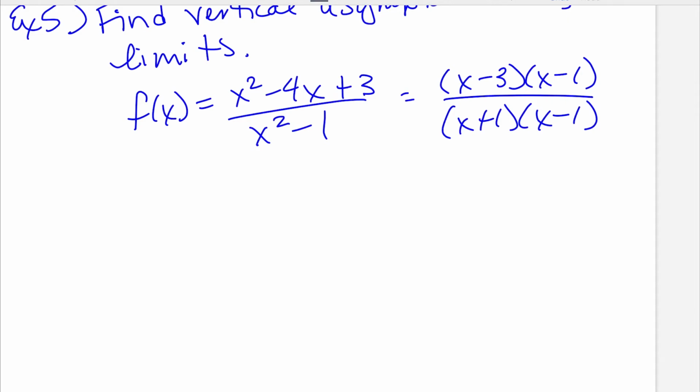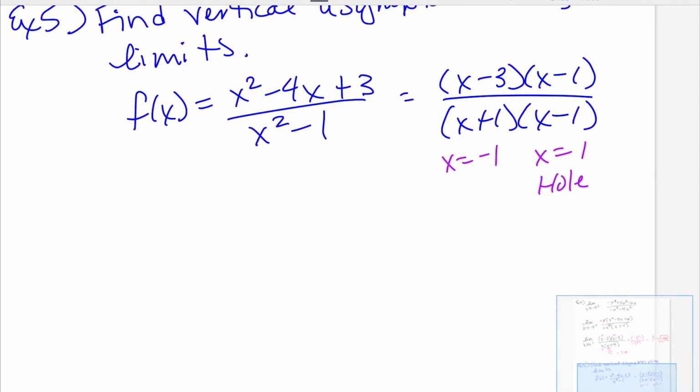I have two issues with my denominator, right? x is equal to -1 and x is a positive 1. Look at this right now and tell me what you know. Yes, good job. This is a hole, and this is going to be a vertical asymptote. But my directions tell me use limits to determine this, so that's exactly what we're going to do.